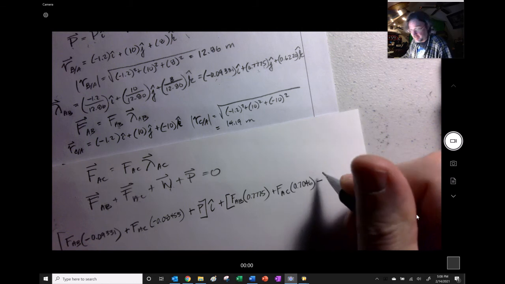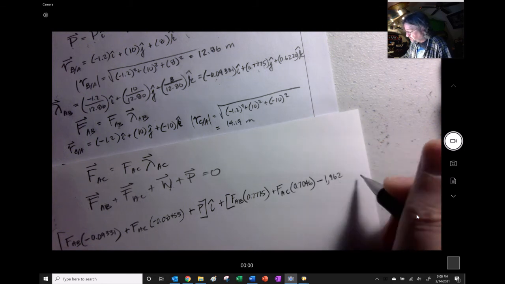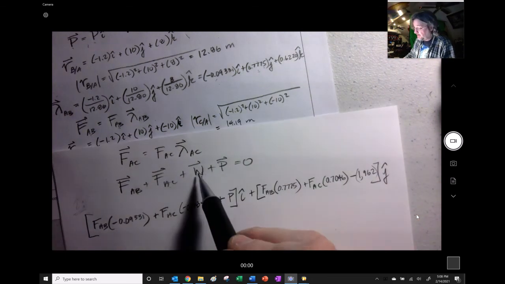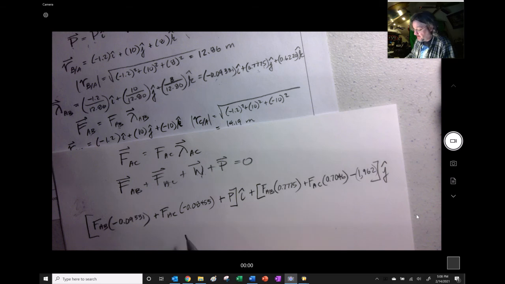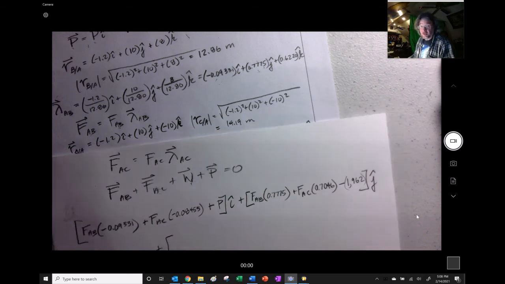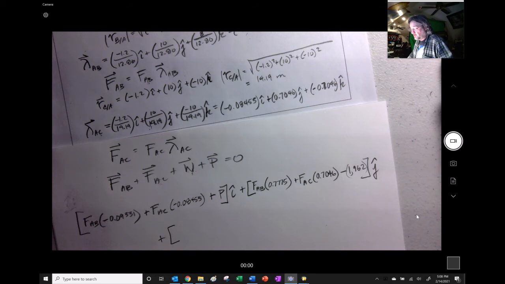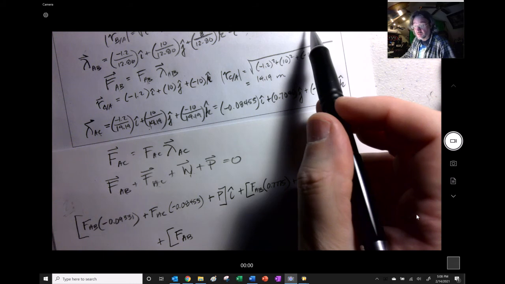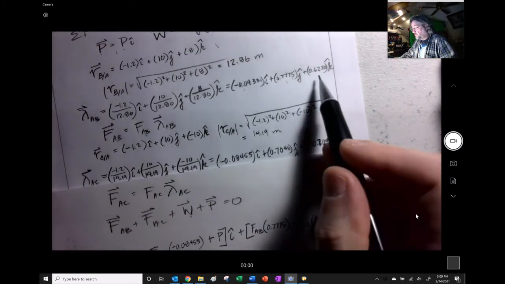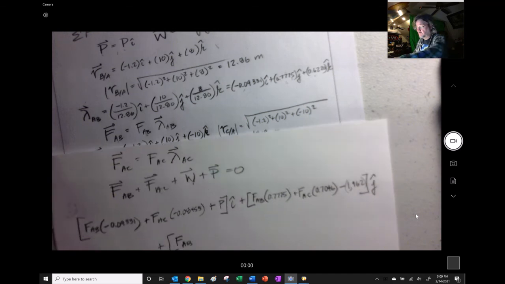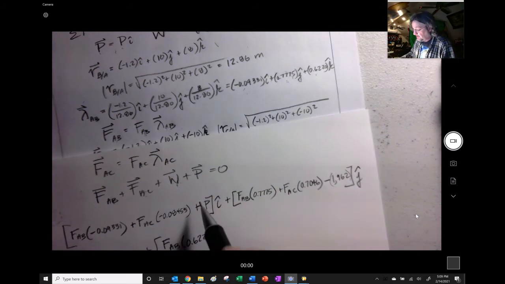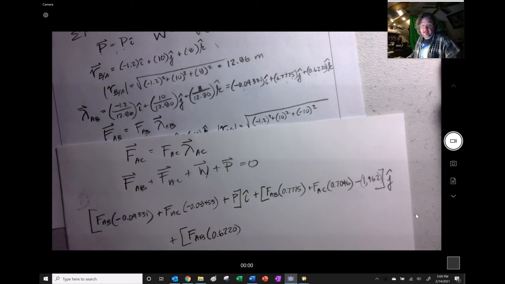So minus 1,962, and that's all there is there. And now we continue and do it in the K direction. I write FAB in the K direction, which is 0.6220. And now I take the AC in the K direction.